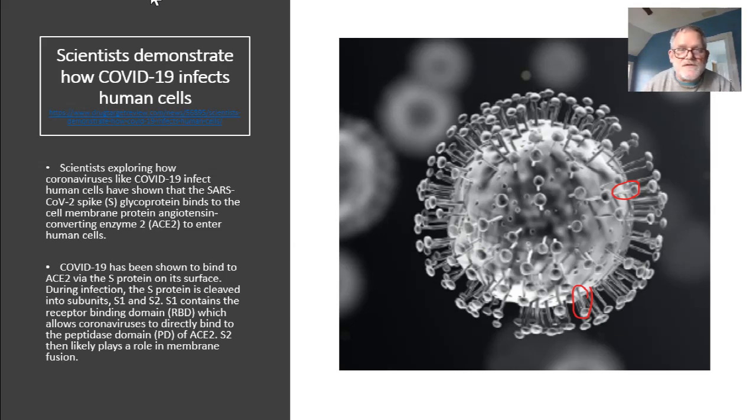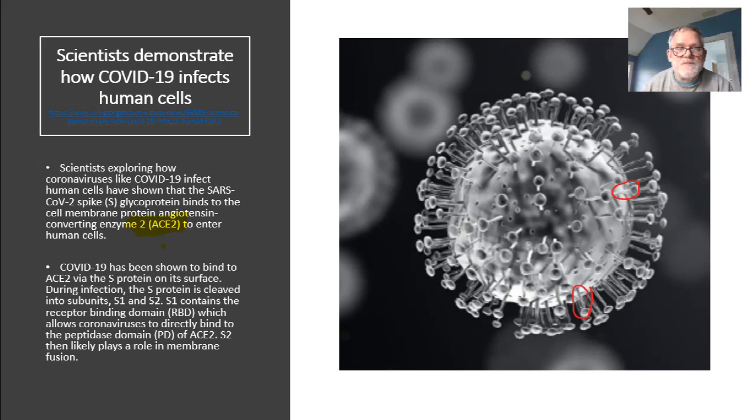Scientists exploring how a coronavirus like COVID-19 infects human cells have shown that the SARS-CoV-2 spike S glycoprotein binds to the cell membrane protein angiotensin converting enzyme 2, ACE2, to enter human cells.